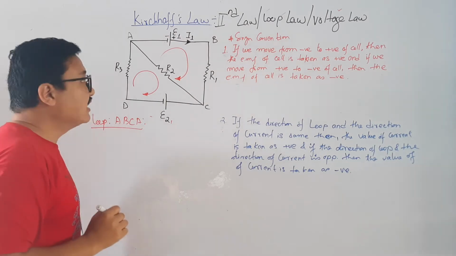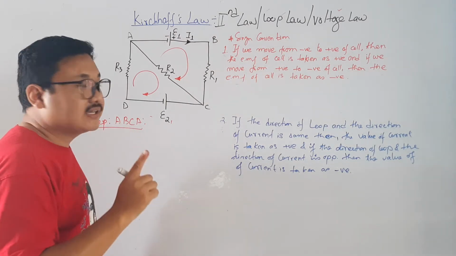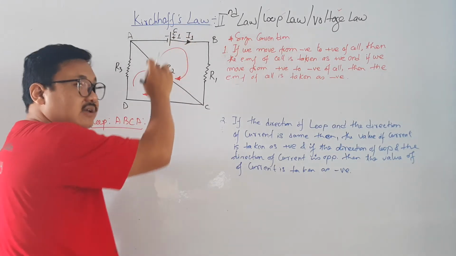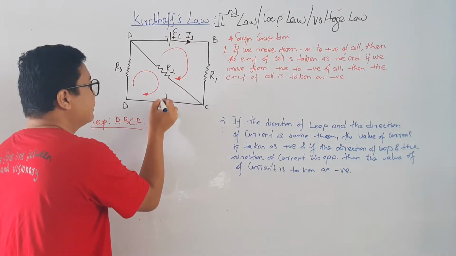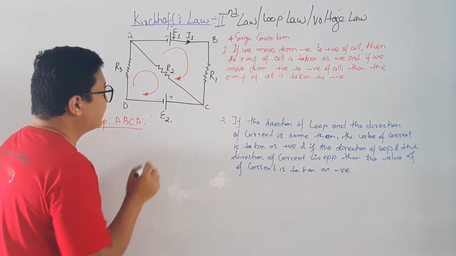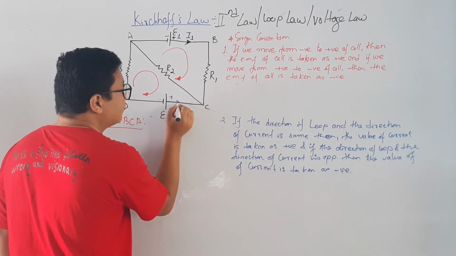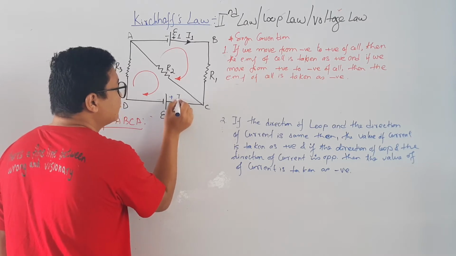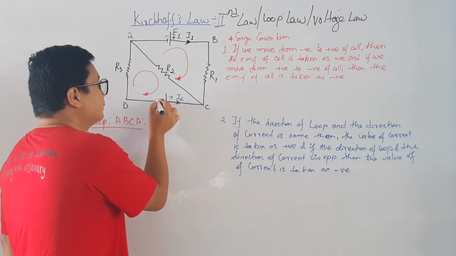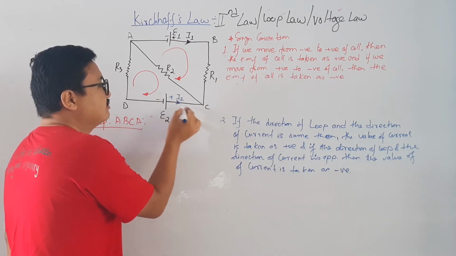Let us see, is there any other EMF? Yes, there is another EMF, and this is negative and this is positive. We also see that this current should flow in this direction, and let this be I2. Why I2? Because current flows from negative to positive.